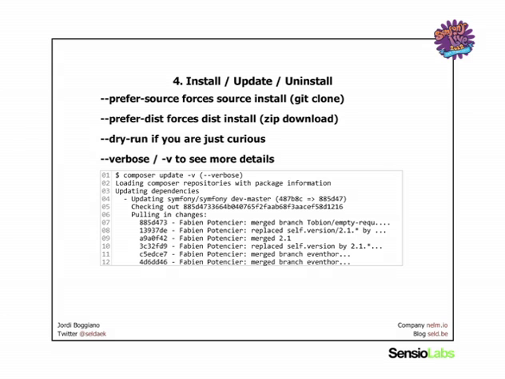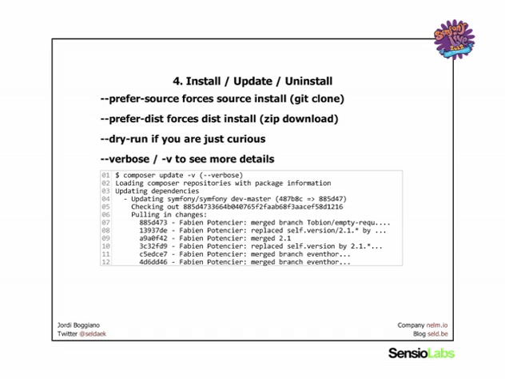This can be useful if for some reason the GitHub zip archives are borked. I don't know why it happens, but it does. So in that case, you can always use prefer source to fall back on the git clone, and that's a bit slower, but it usually works. When GitHub is completely down, it doesn't work, but that's not a too common occurrence.